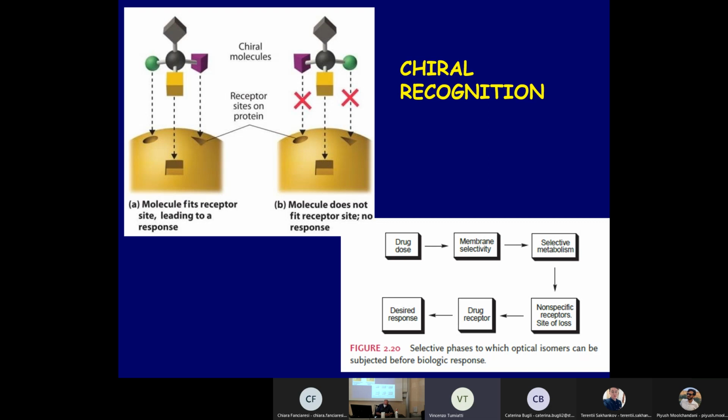And so we can observe this selectivity in a specific membrane. Selective metabolism, also in this case, our enzymes are able to metabolize specific enantiomers because they have a specific binding pocket, active site inside the enzyme structure, able to interact optimally with a specific stereo enantiomer.